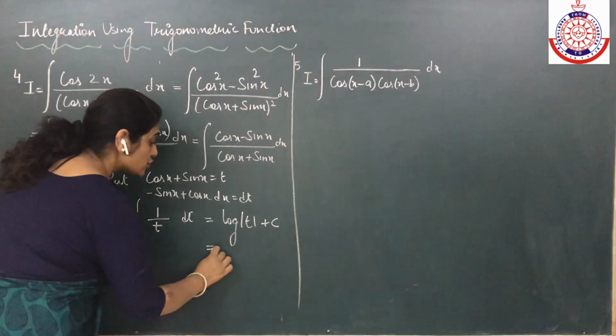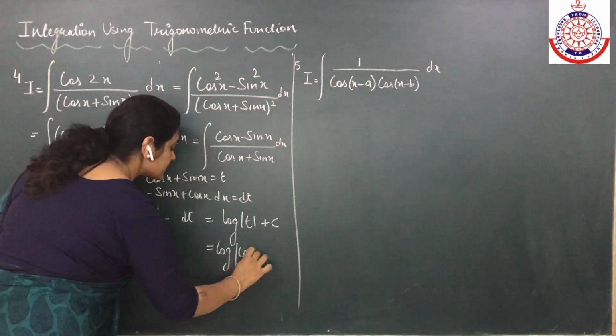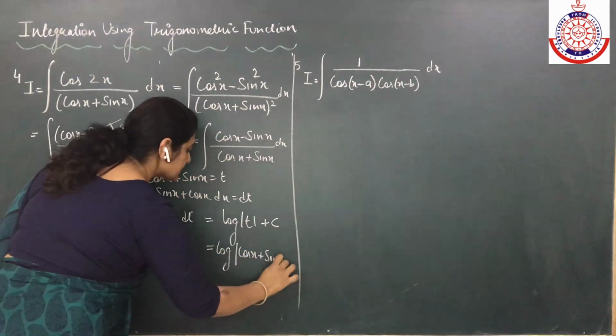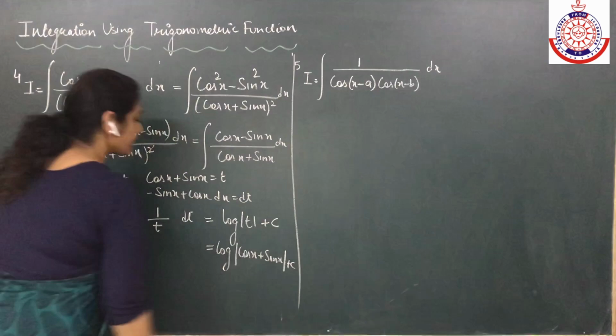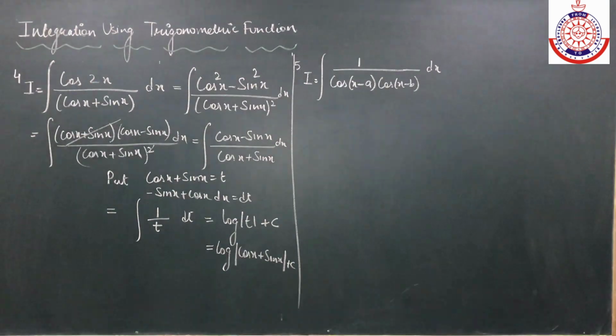So put the value of t, that is cos x plus sin x. Clear? So we have the integration of 1 by t, that is log t. Put the value of t, that is cos x plus sin x, plus c. Alright, clear? Let's pick up one more example.